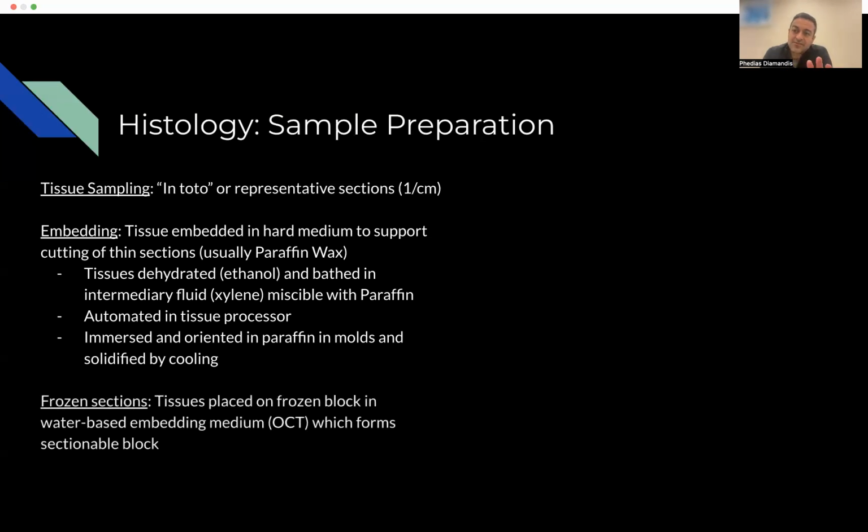Now, most of this is done in paraffin for routine samples, but it's important to note that you can also do this with a water-based embedding medium called OCT, which is basically frozen into a hard substance that allows cutting. These obviously have a huge time advantage because you don't need to transition the tissue through these different substances.